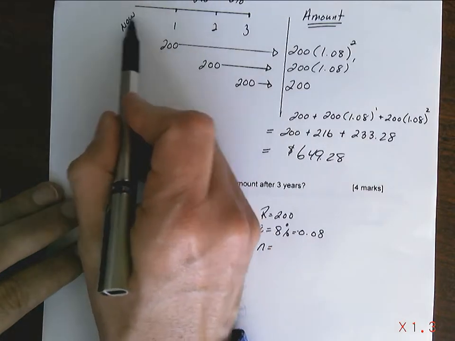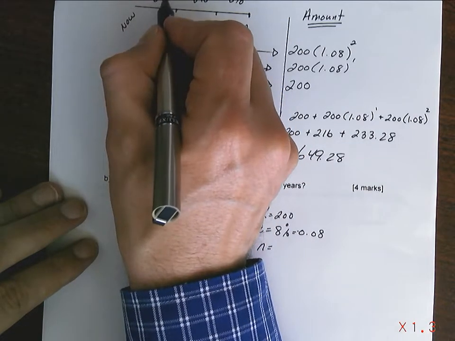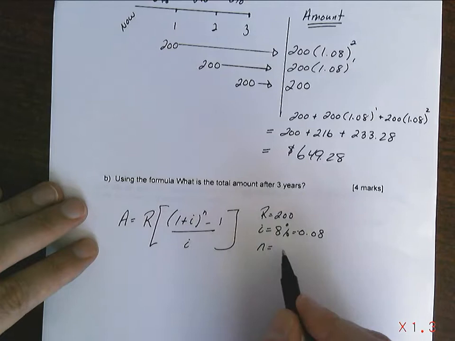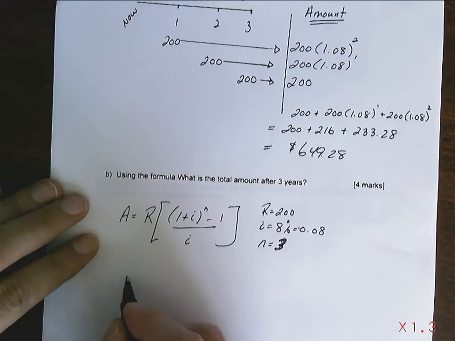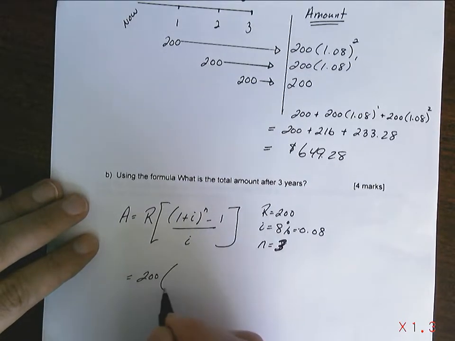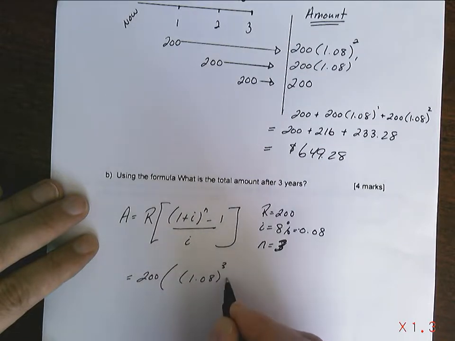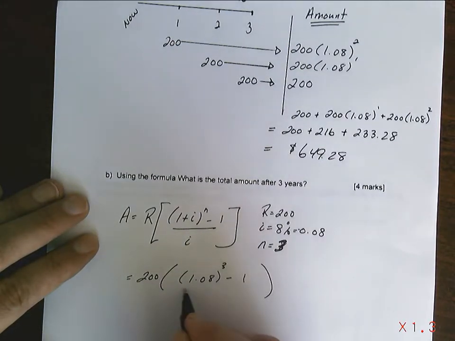Notice this is a compounding period. It's just that there was no money put in at that point. But it still is definitely a compounding period, so we'll change that to a 3. So we're going to get the amount is 200 times (1.08 to the 3 minus 1) all over 0.08.